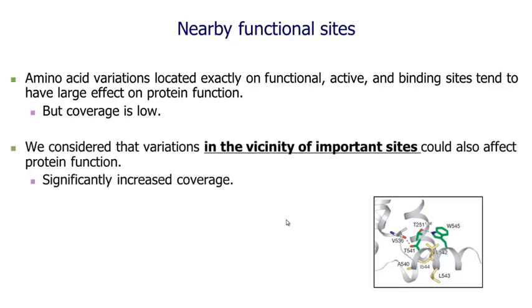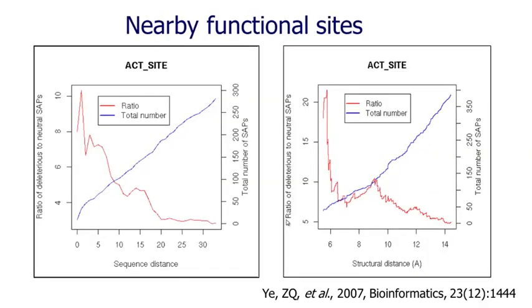In SAPRED, we consider that variants in the vicinity of important sites could also affect protein function. This can significantly increase coverage of this feature. Indeed, our statistical analysis of the variations showed that the closer the distance to functional sites, the more deleterious the variations get. This is true when distance is measured in terms of either sequence or three-dimensional structure.